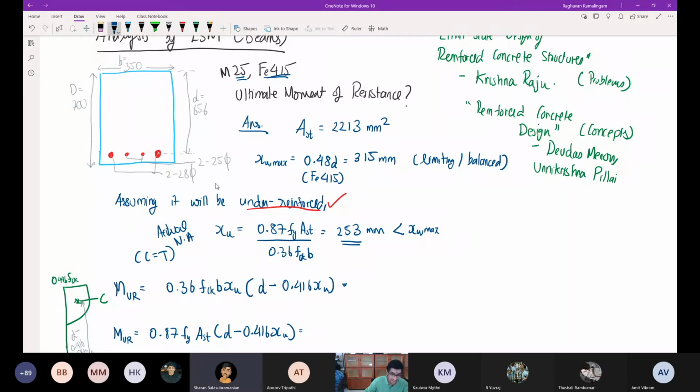Sir, around 440 kilonewton meter, sir. How much? 440 kilonewton meter. Others, do you get 440?